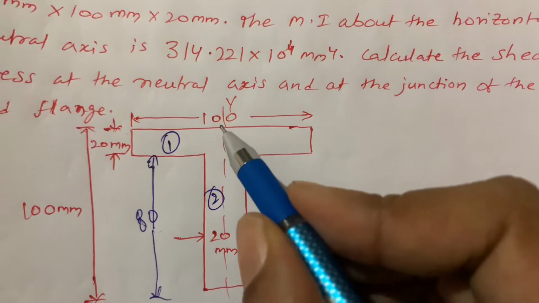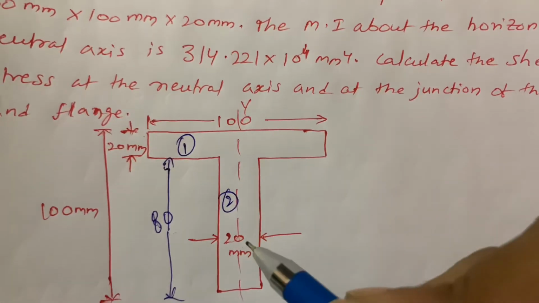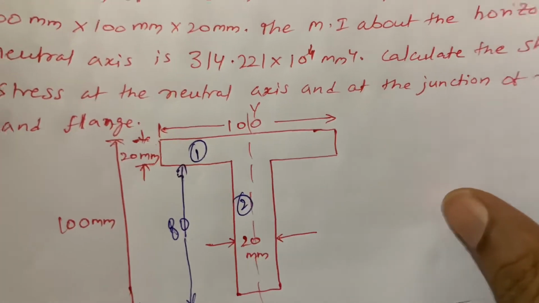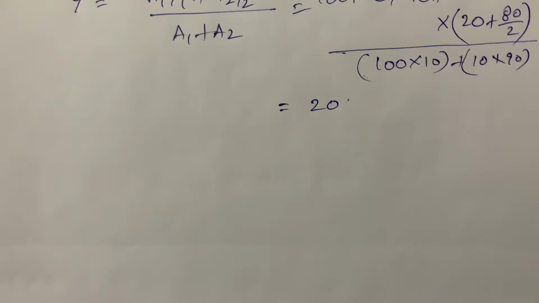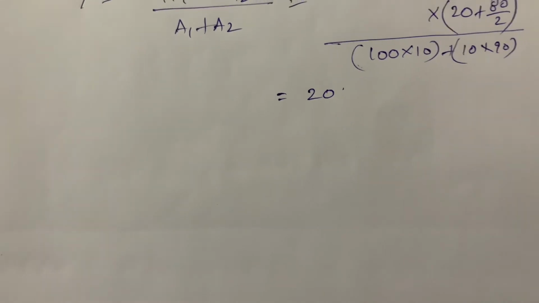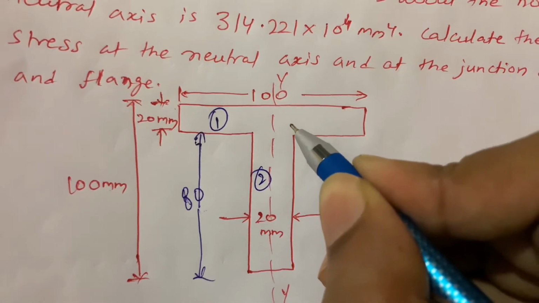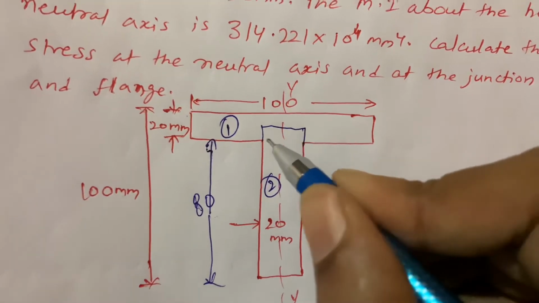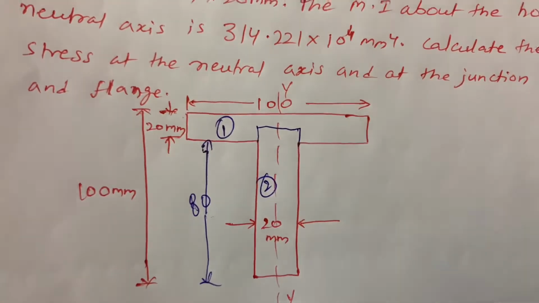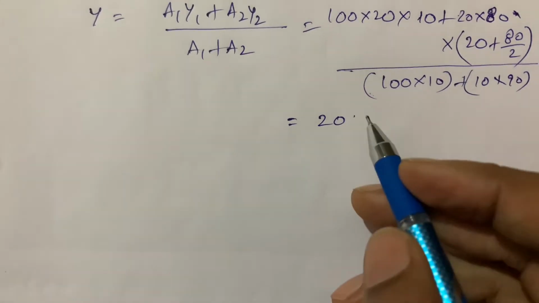A1 is 100, and A2 is 10 into 90. This 90 is because the web portion includes up to the mid portion of the flange, and the mid portion is 20 by 2, that is 10. So 10 into 90.